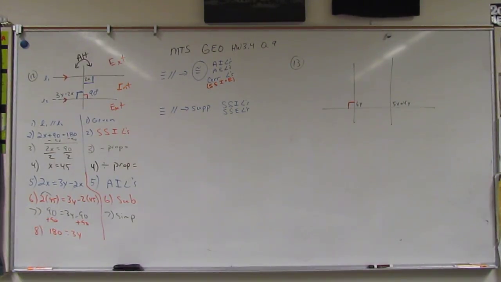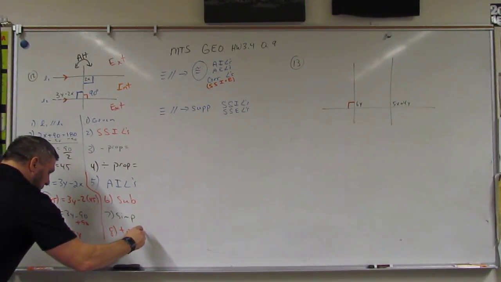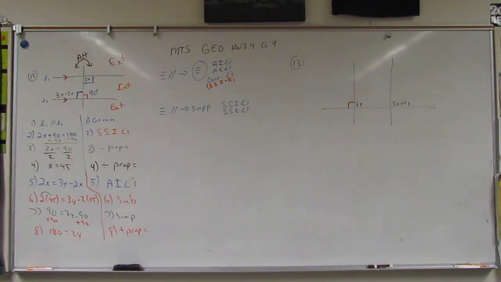And then what do we do? Oh, wait. What is that called? Addition property of equality. Right? Okay. And then what? Divide by 3.